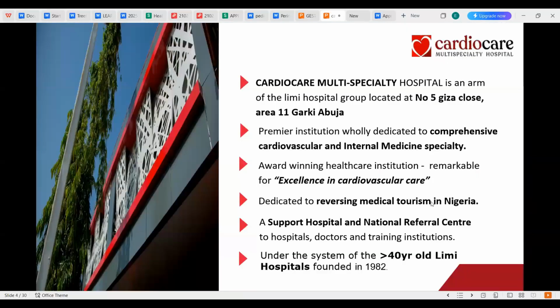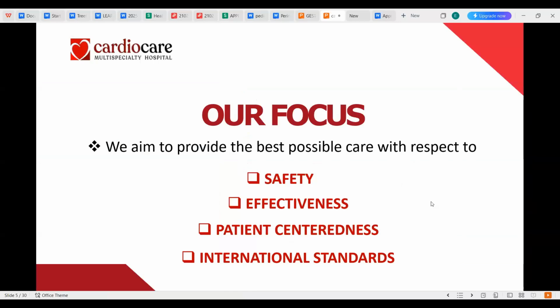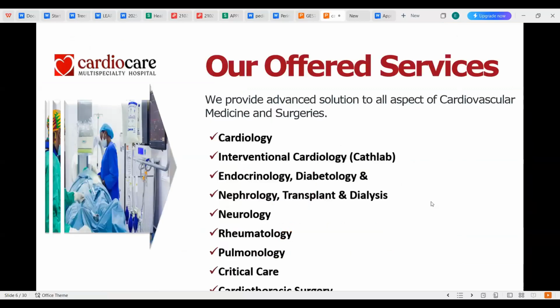You can reach out to us through those numbers. And we won an award of cardiovascular excellence in the year 2021. So Cardiocare is a hospital that is focused on safety, effectiveness, patient-centeredness, and we work based on international standards.